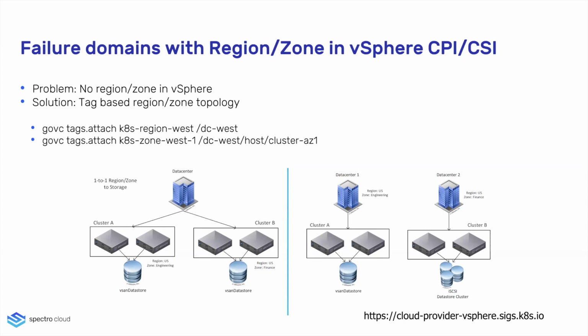While on the right-hand side, it shows a topology with only one compute cluster within a data center, and then you can just use the data center as a zone. So with this already defined in CPI and CSI, the CAPV will just need to follow the same convention to define fault domains with the tags with the region and zone topology.